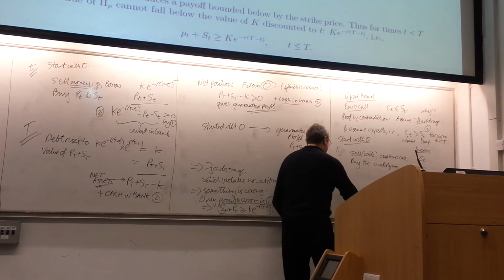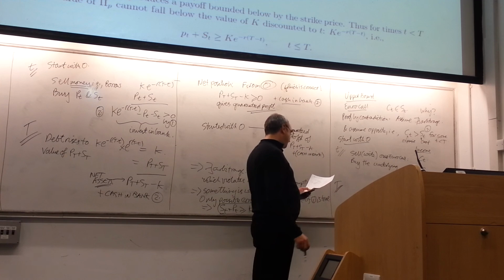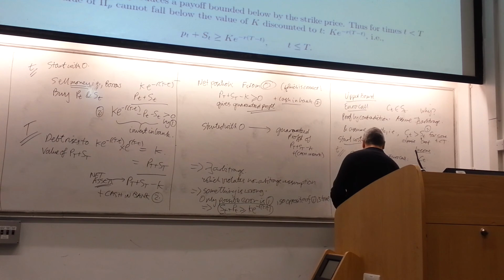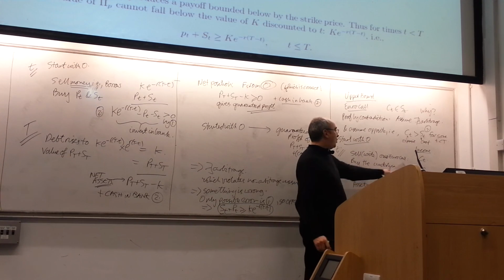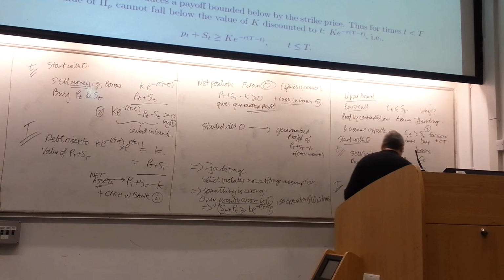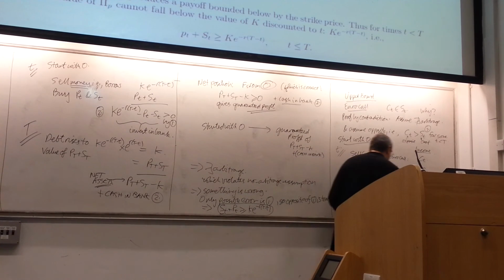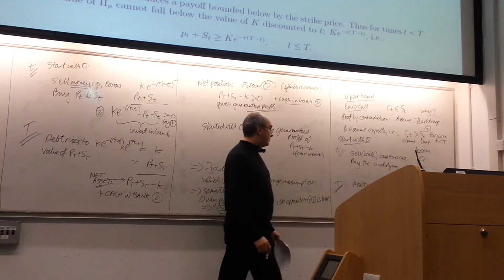So then we're at T, at expiry. What is my liability? Well, let's look at my assets. Sorry, my assets. Well, my asset is I've bought the underlying share, so I've got ST in my back pocket, or at that point I can sell it for the value of the share at expiry.